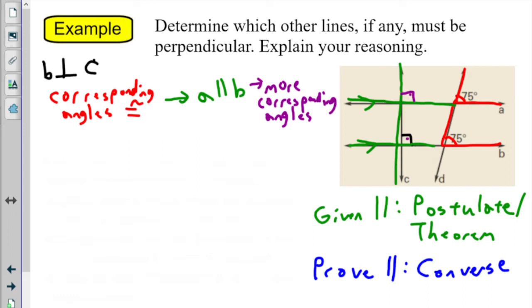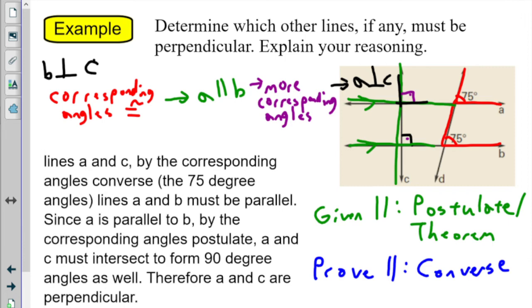And voila, I have created a new right angle. Since I have created that new right angle, that will lead me to the conclusion that those lines have to be perpendicular. The lines that I made that were perpendicular were here and here, so that is A and C. So that's the outline of that argument.